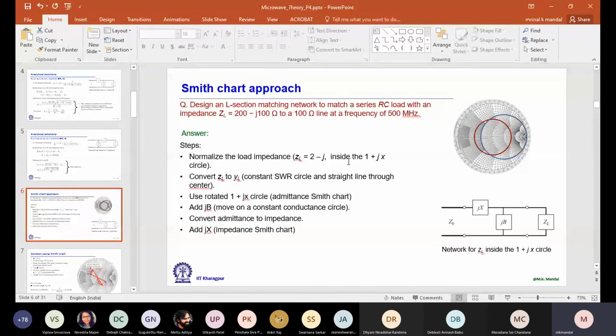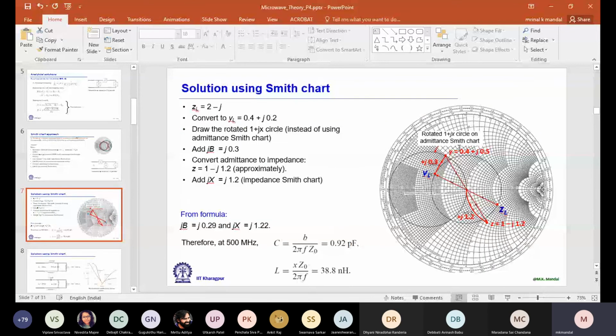And we also solved a problem using Smith chart and found the values of L and C here. So one trick was that we used the same impedance Smith chart, and then here we plotted the corresponding circles if it is considered as the admittance picture.